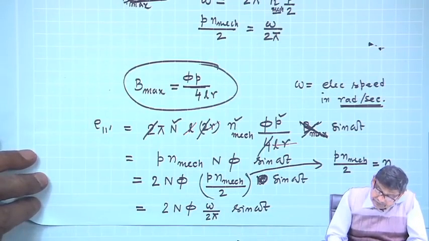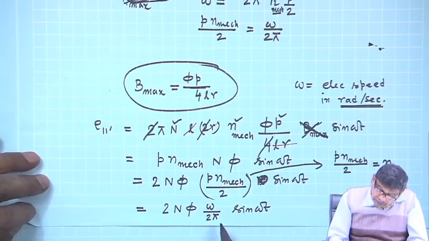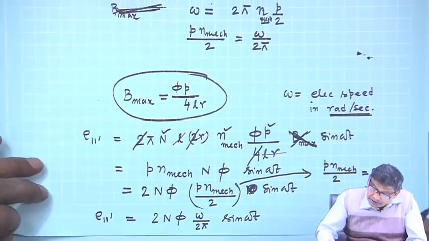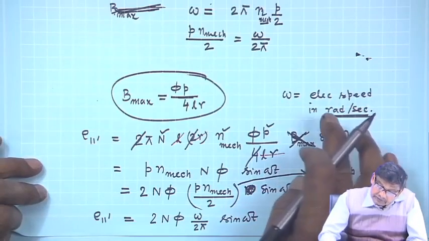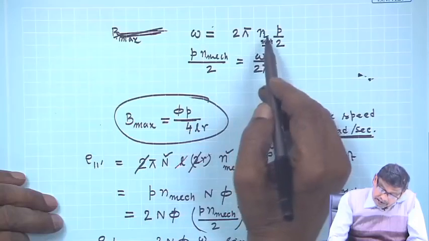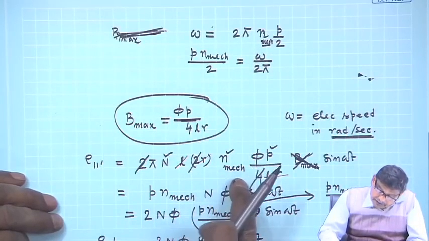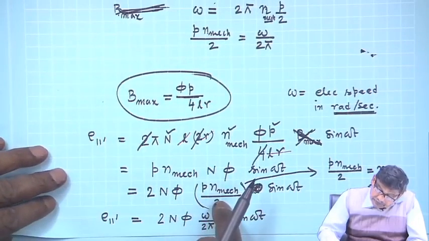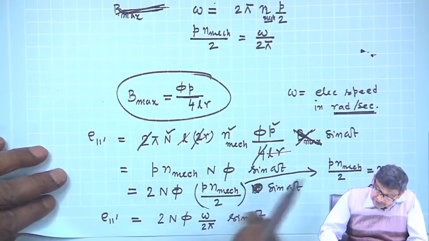Is it correct? So, this is E 1 dash. I have not missed anything hopefully. So, omega electrical radian per second is omega. So, n mechanical came here, BLV P n mechanical by 2, no pi I have left, just carefully see.